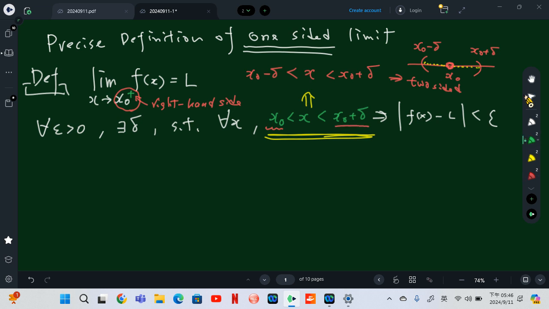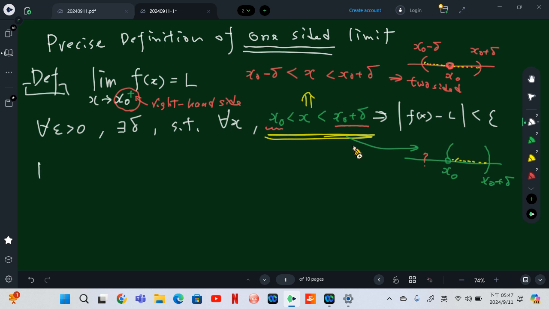So here, I also can draw that x0 is here. We just focus on here to here. We just focus on this part. We don't care about this part, because we just focus on the right-hand side. So you can follow this way.